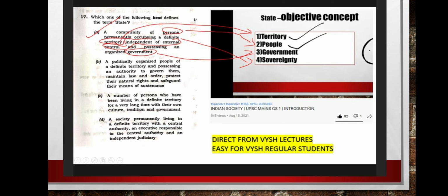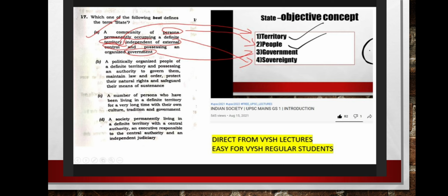Option C: a number of persons who have been living in a definite territory for a very long time with their own culture, tradition and government. Option D: society permanently living in a definite territory with a central authority, an executive responsible to a central authority and an independent judiciary.